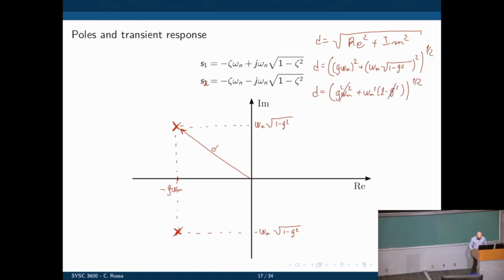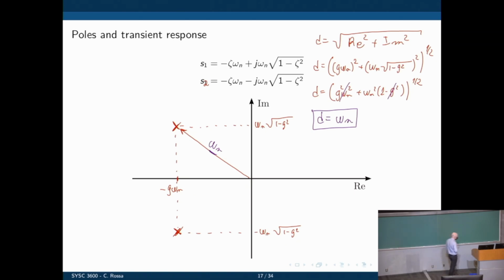And we are left with the square root of omega n squared. d is omega n. So the distance of a pole to the origin of the S-plane is the natural frequency.